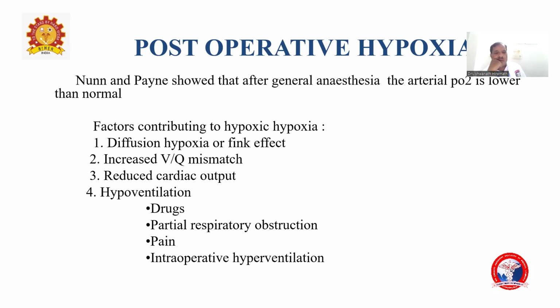At the end of the surgery, if oxygen is cut off, it can lead to diffusion hypoxia. Other causes of postoperative hypoxia include increased ventilation perfusion mismatch and reduced cardiac output.